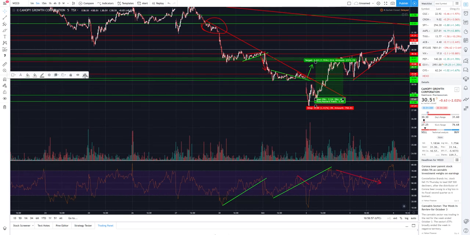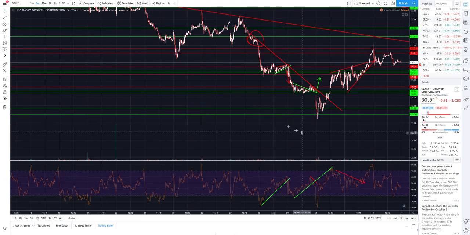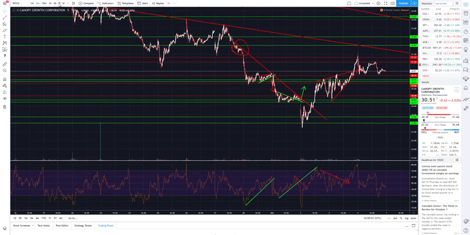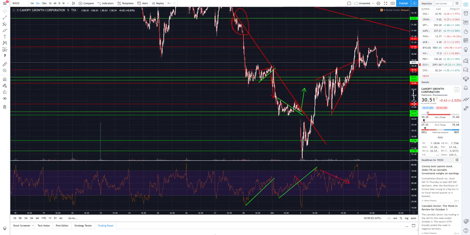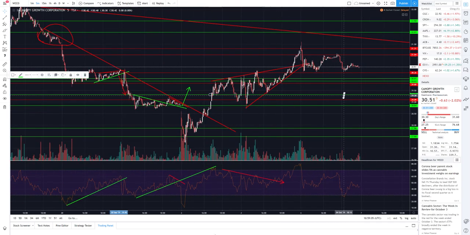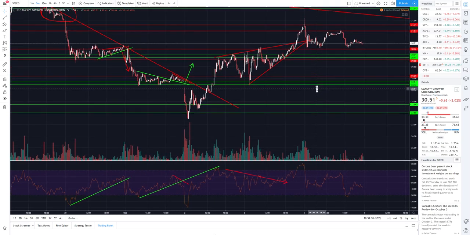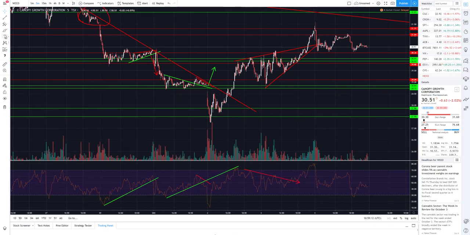Just very quickly, I want to go over why I'm still bullish on Canopy, and I think it might be the bottom. First of all, because of the level that we're at, and second of all, because of this. Just look at this pattern.